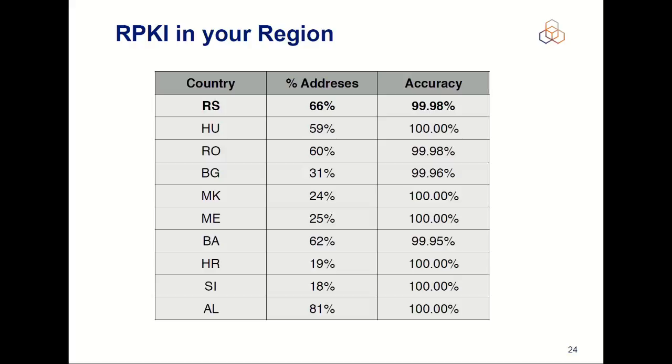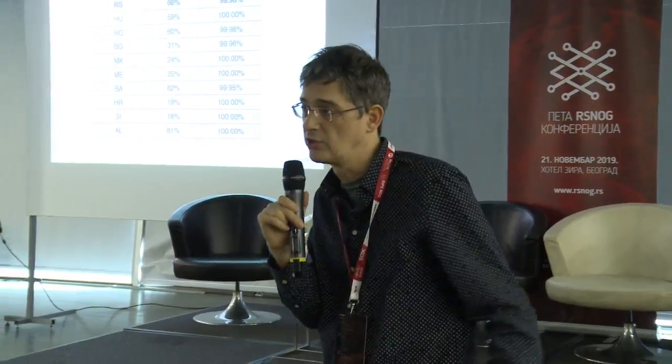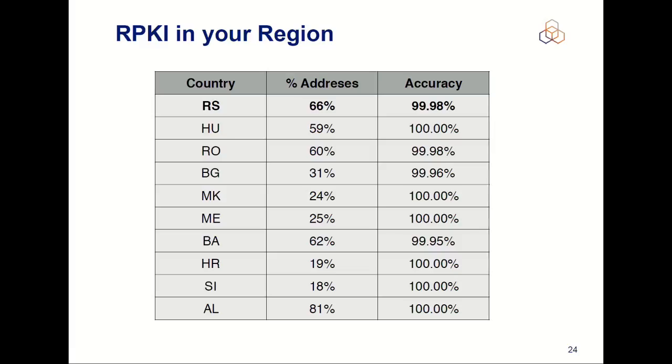And then you can see all the other countries there, and you can see the accuracies. From these ROAs that they created, what percentage is accurate? And you can see the accuracy is really high. So there aren't a lot of mistakes, let's put it that way, or malicious, yeah. But hopefully that you can't create. Okay.